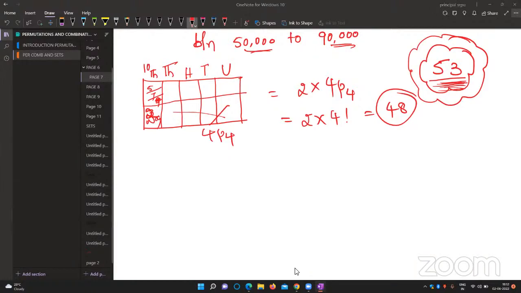My dear students, please confirm the number which I have written here in the corner with the arrow mark down.